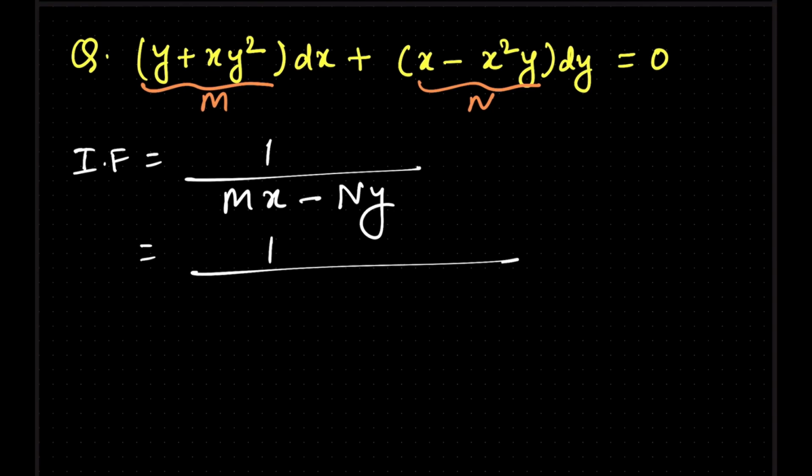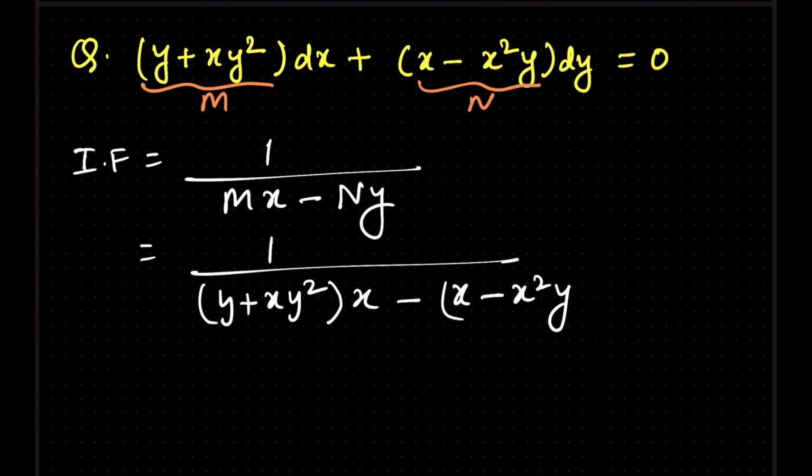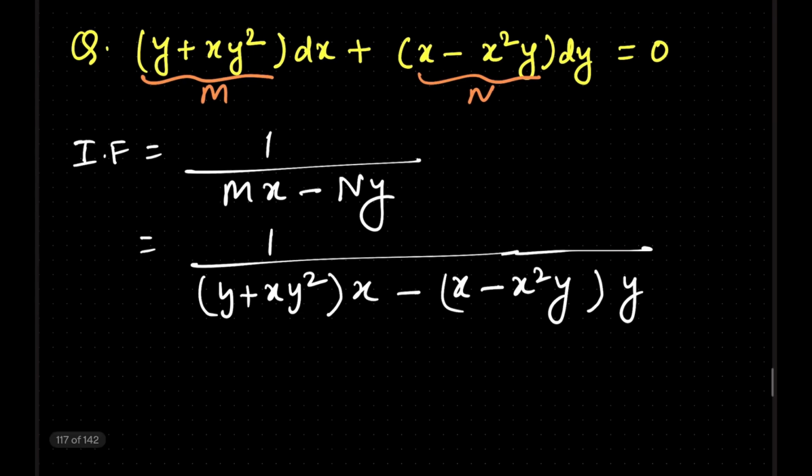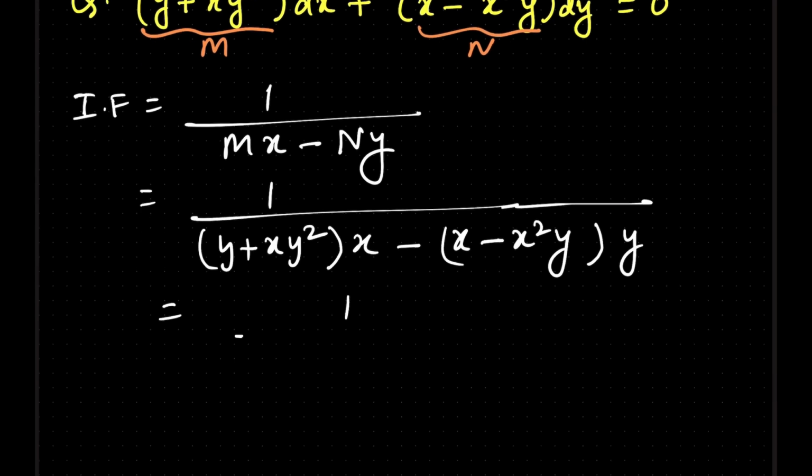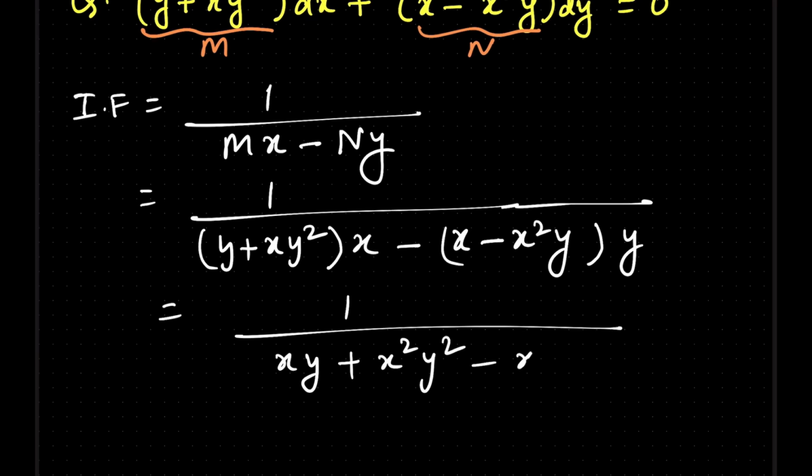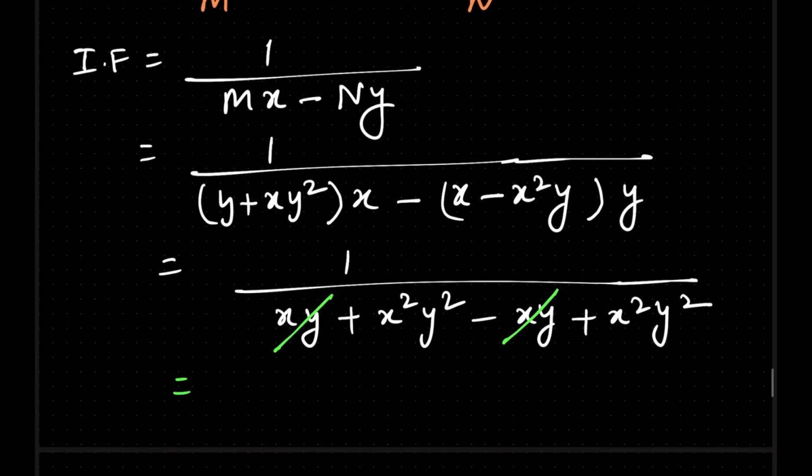When you write M, which is y + xy², into x, minus N, which is x − x²y, into y, and simplify, you will get xy + x²y² − xy + x²y². Here you can clearly see that the minus xy and plus xy cancel out, and you will finally get 2x²y², so the integrating factor is 1/(2x²y²).